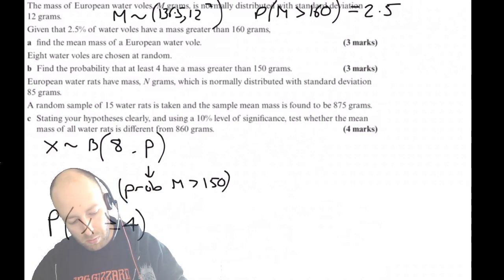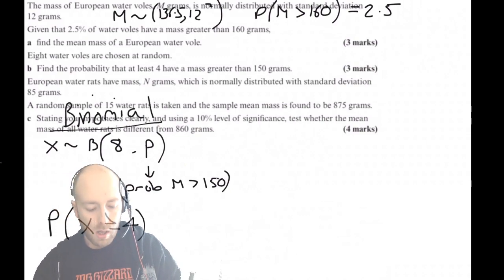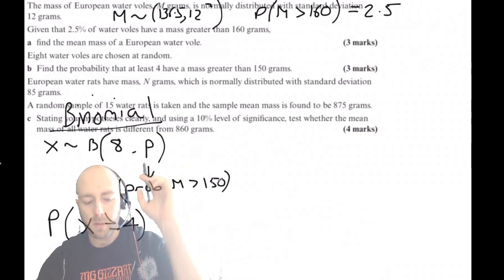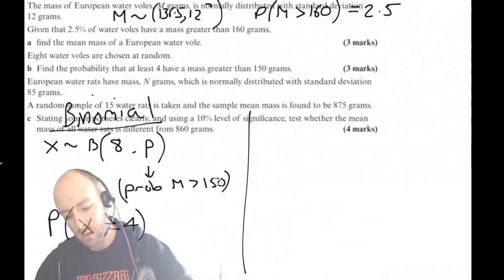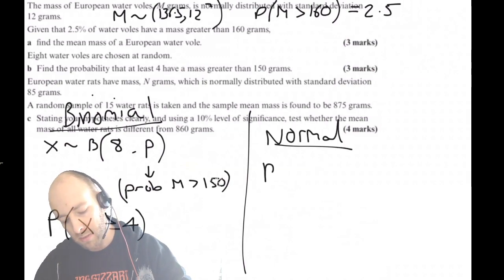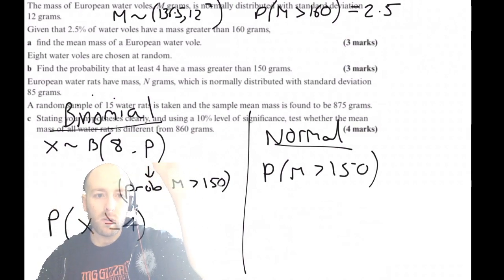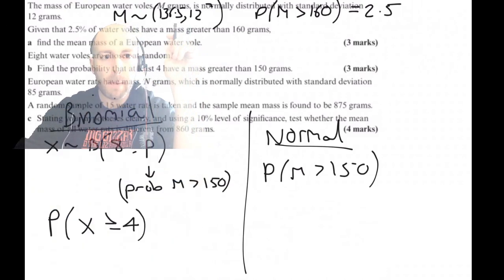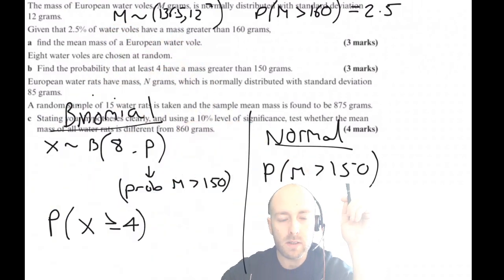So this is binomial. But to do this, we need to find this probability, and the way we're going to find this probability is with a normal. We need to find the probability that the mass is greater than 150. We know all of our stuff, we just worked out the mean, we know sigma, so we can find this relatively easily.